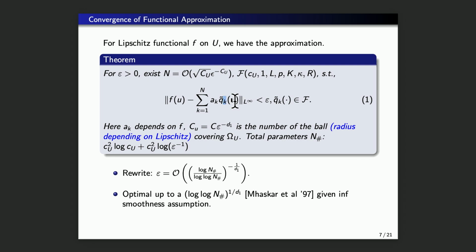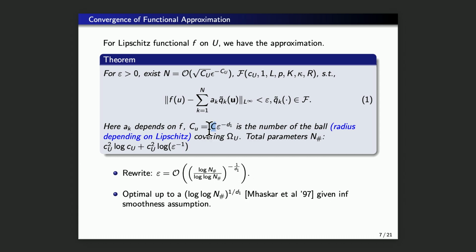Here the bold U is some discretization of the input function. We also give an estimate of the size of your discretization, which is of this order. Essentially, if we want to reach epsilon error, the size of this discretization, or the mesh size, should be of this order.